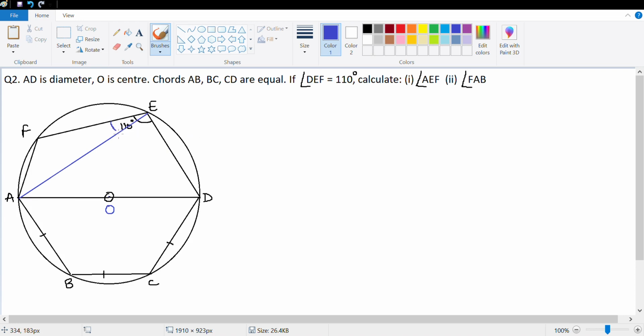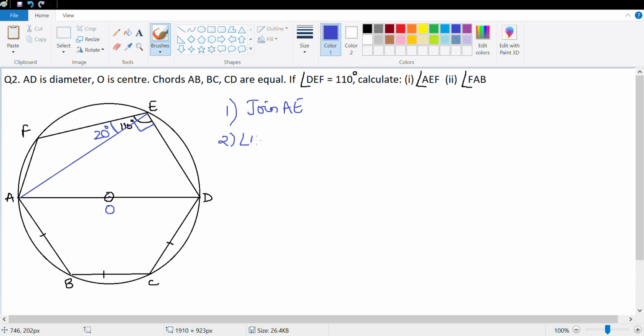Now as soon as I see a diameter in a circle, the first thing that comes to my mind is an angle formed in a semicircle is a right angle. So in this case, this angle is 90, the total angle is 110, which means this remaining angle is 20 degree. Let's just write whatever we've done till now. First thing, join AE.